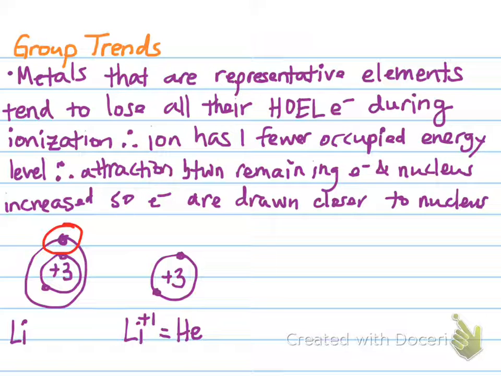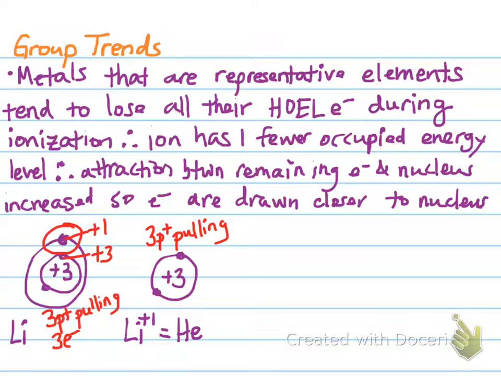Remember our pull here was +3 and then a +1. So I had 3 protons pulling a total of 3 electrons. Now I have 3 protons pulling only 2 electrons.